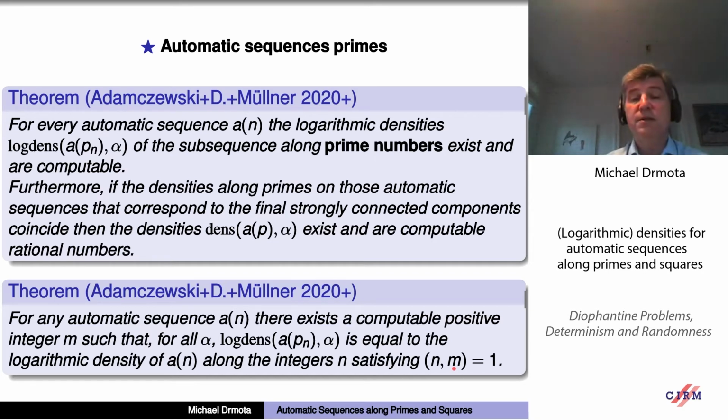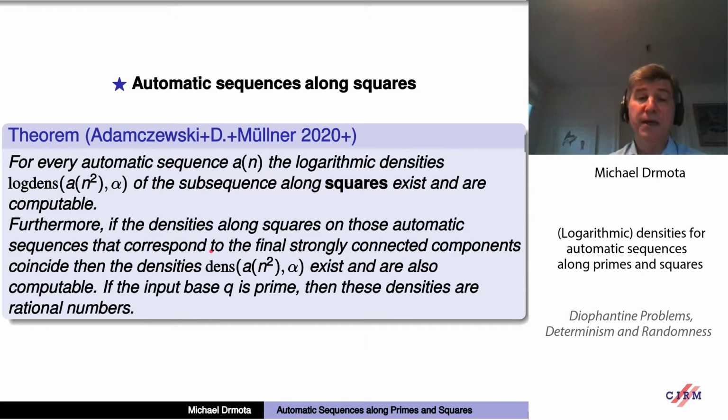So the result is complete for the primes, and there is a similar theorem for the subsequence of squares. Again, for every automatic sequence, the logarithmic densities exist, and we have the same property as before.